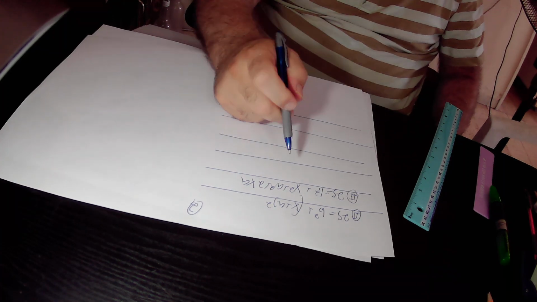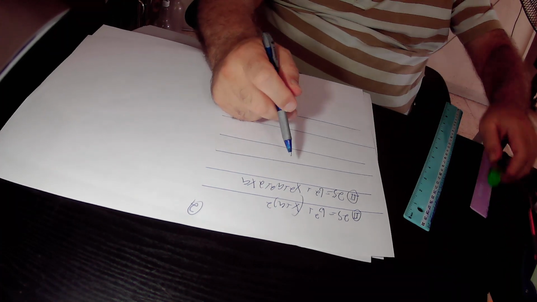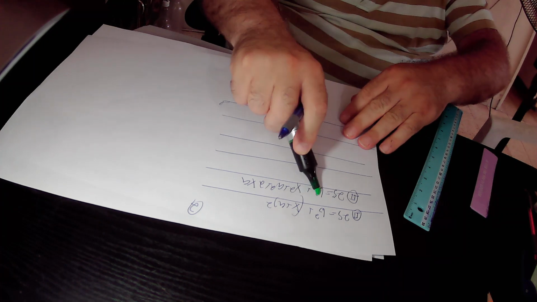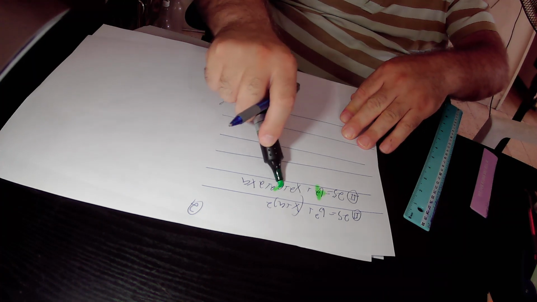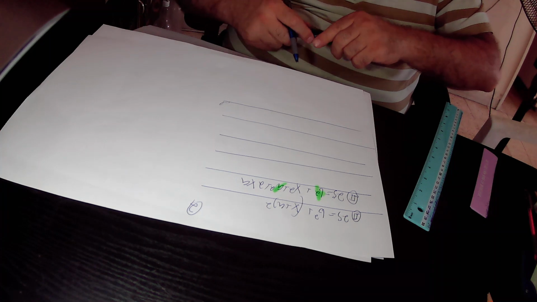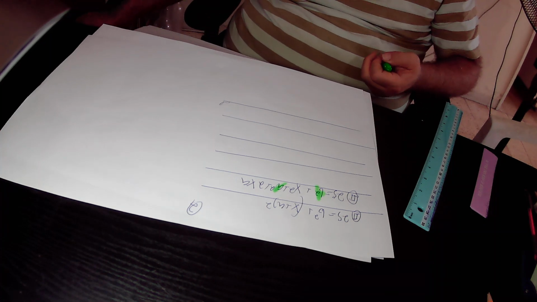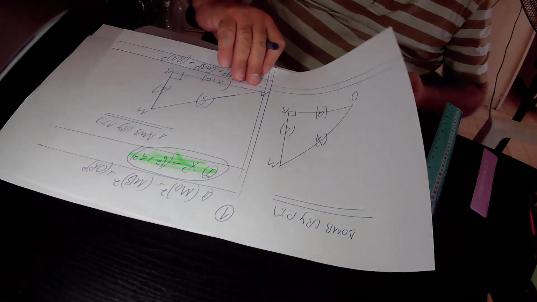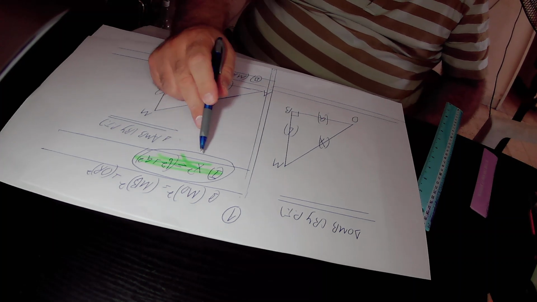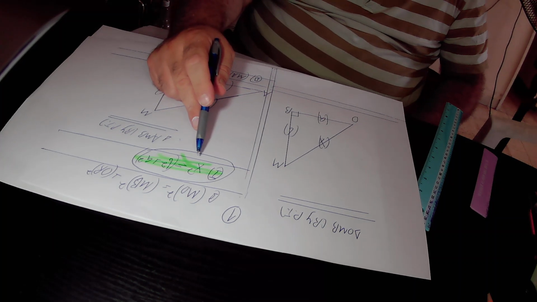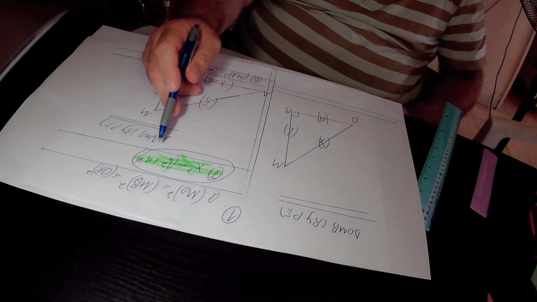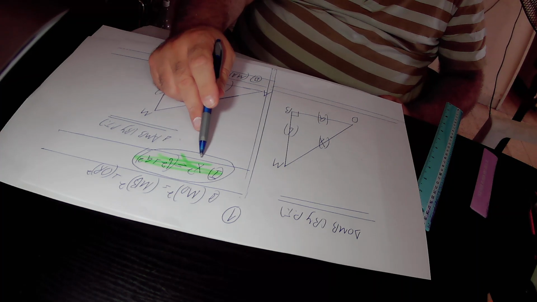So on the right side of equation 2, we have the expression b squared plus a squared. But we have already found that, according to equation 1, b squared plus a squared equals x squared. Therefore, we substitute b squared plus a squared in equation 2 by x squared from equation 1.